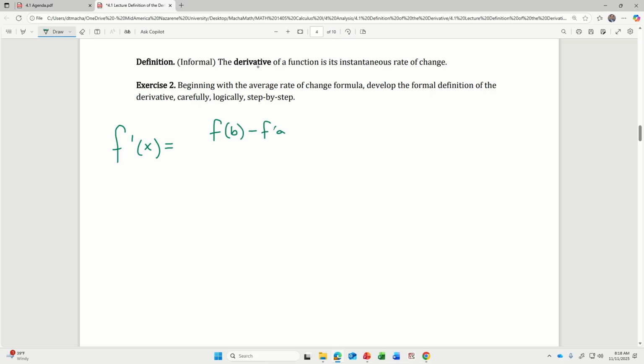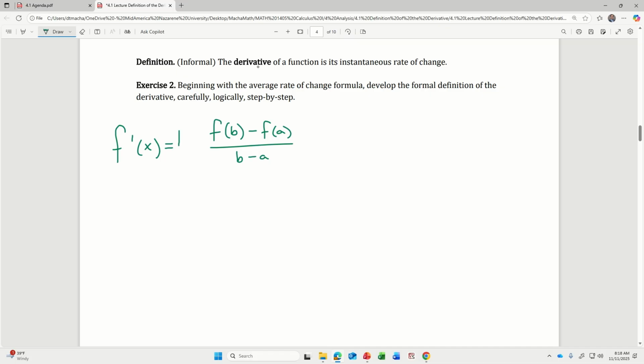So I'm going to write the average rate of change formula. But I specifically want a really, really tiny interval. I want b and a, the start point and the end point, to be really, really close to each other.